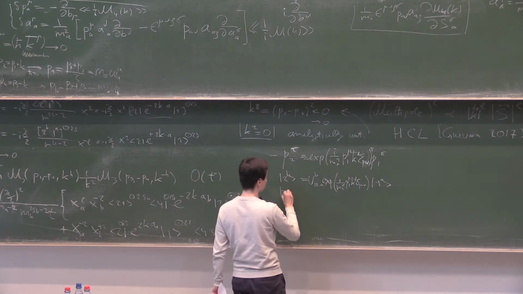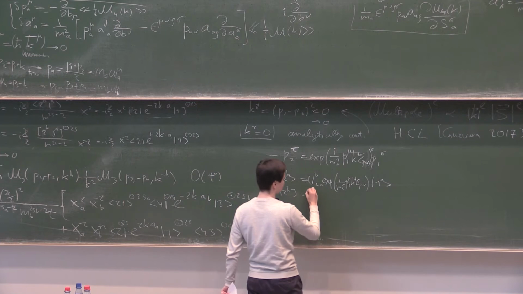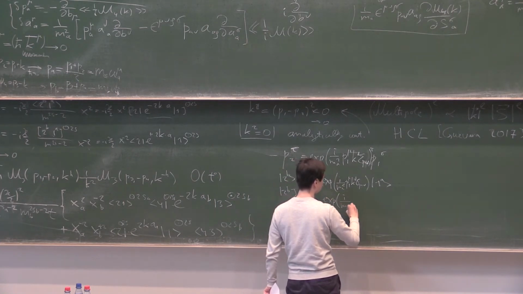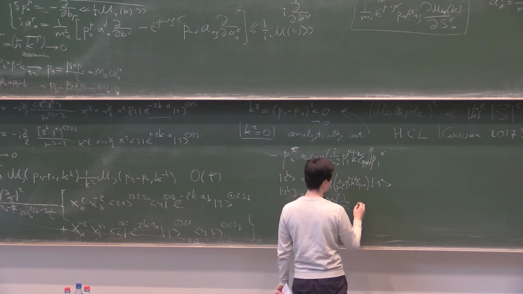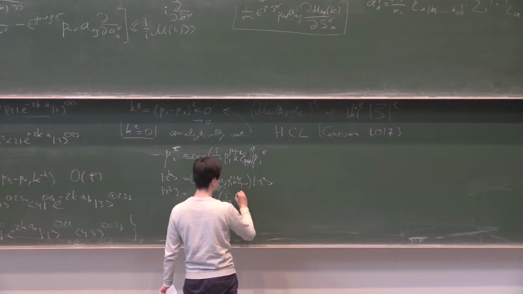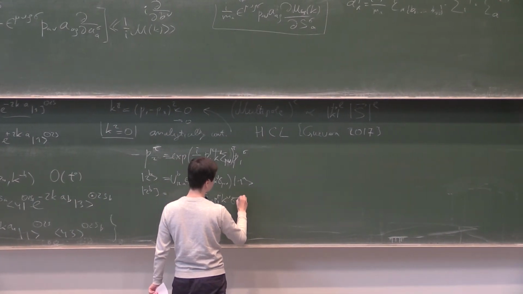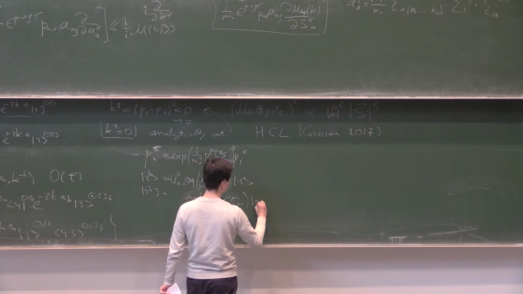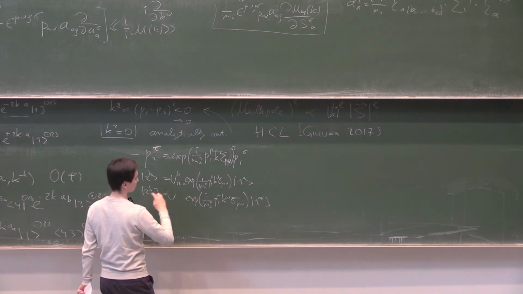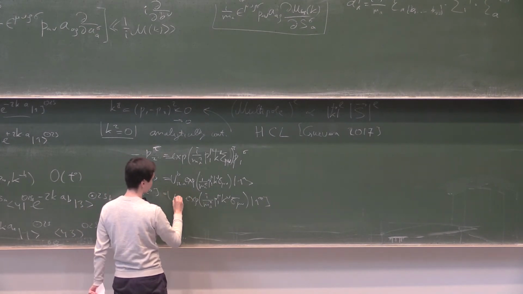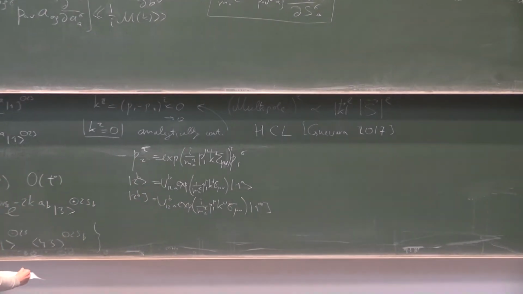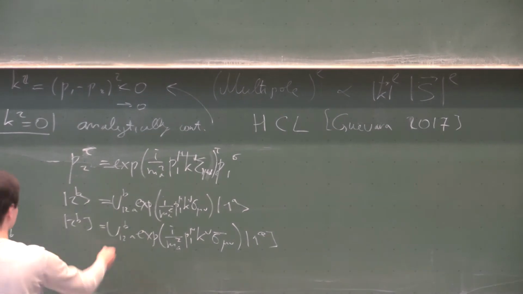And similarly, for this one, I'm allowed to write that, which is just, again, the boost in the right-handed representation. And since the same momenta is here, the residual little group transformation will have to be the same.